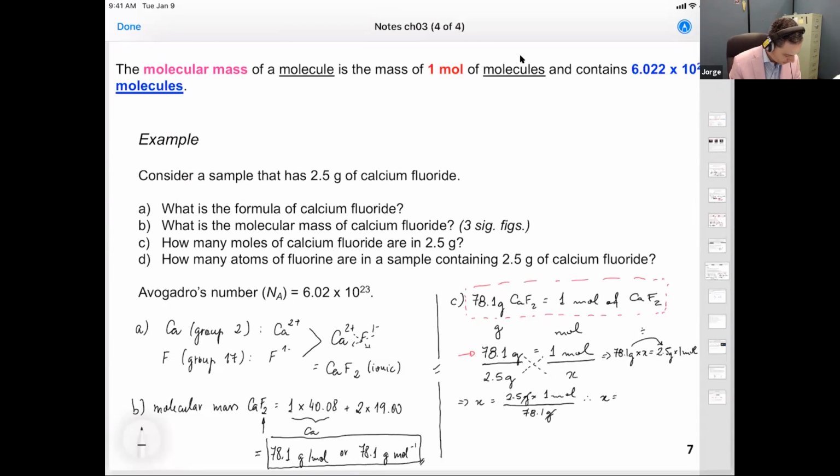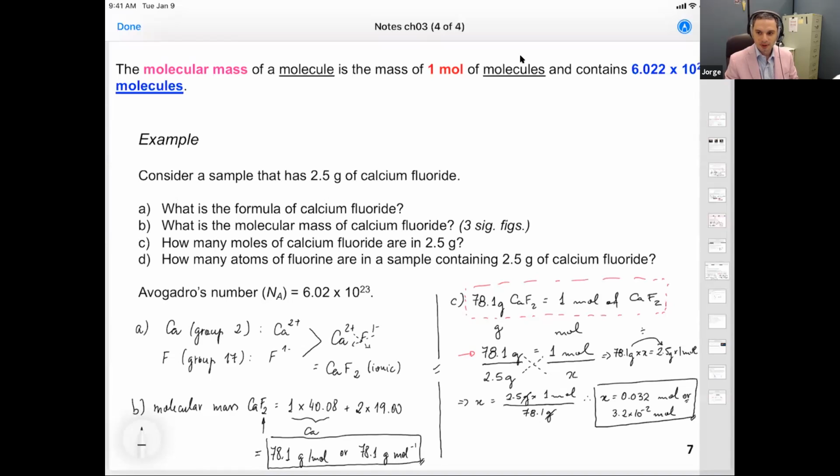And according to my numbers here, this division is going to yield 0.032, and the unit that's left here is mole. Or you can represent that in a more elegant way using scientific notation, 3.2 times 10 to the minus 2 mole. And this is the final answer, just put it inside the box. And that is going to give you the final answer.